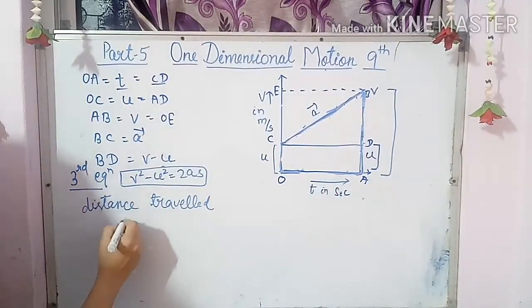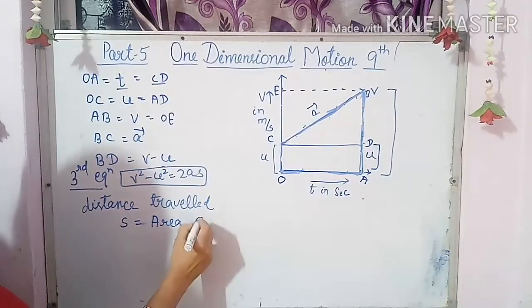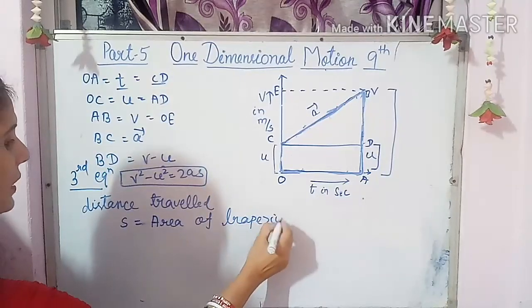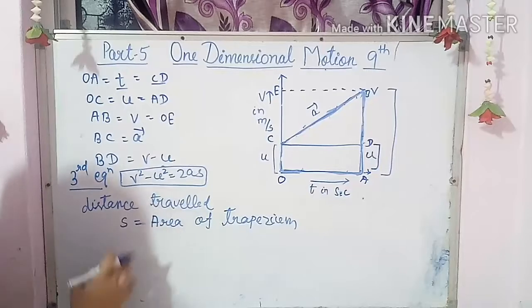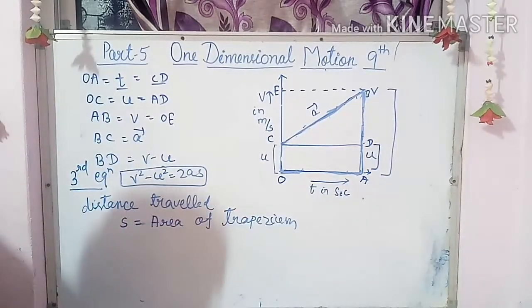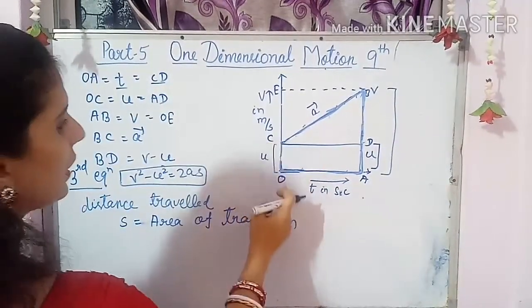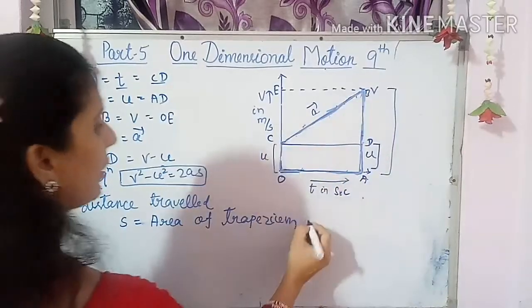So here distance travelled S equal to, we are going to put the formula of area of trapezium. Remember children, same area, but there we divided the figure, while here directly we are going to put the formula of trapezium. So what is the trapezium, children? That is COAB, or you can say OADBC.